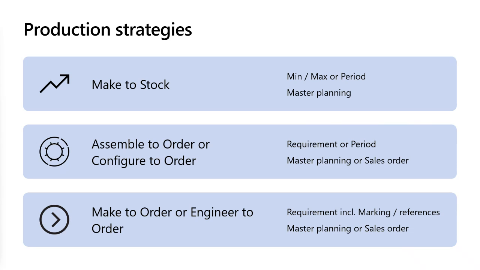Master planning or the function in the sales order to create a production order supports this process the best. Production orders can also be created manually, and when a higher level production order is created and estimated with the BOM line type pack supply, a referenced production order is automatically created.